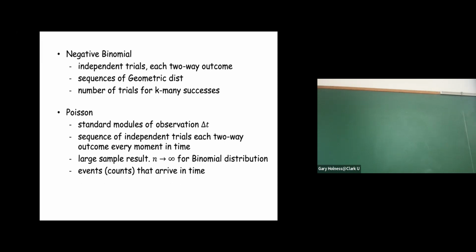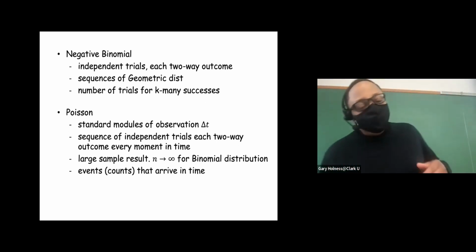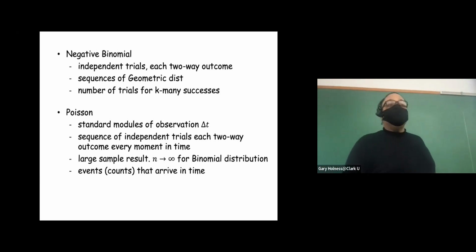And so when you model something with a Poisson, what you're asking is what is the probability that given this overall rate, we're going to see some specific number of events in a single window, delta t. And so when you're modeling with a Poisson, what's really important to determine is how fine-grained your representation is.